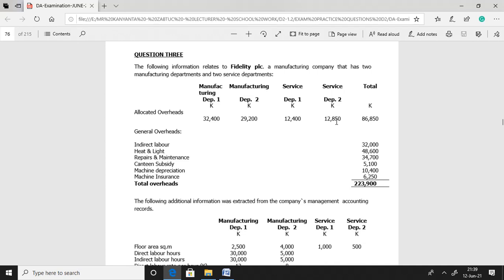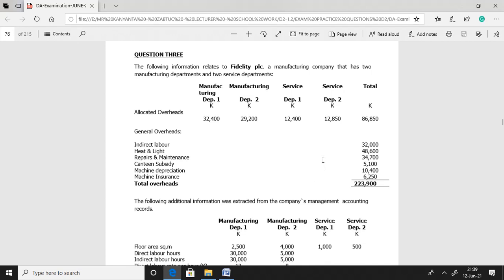So we have indirect labor cost, heating and lighting, repair, maintenance, canteen subsidies, machine depreciation, machine insurance. All these general overheads are supposed to be apportioned, and that should be done in stage number 2. Apportioning of cost is simply the process of spreading that indirect cost fairly between benefiting cost centers.